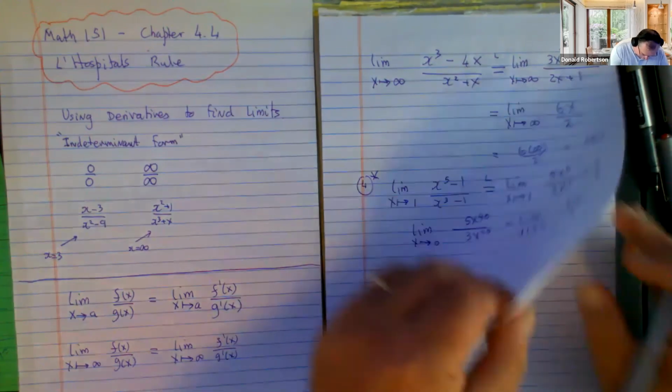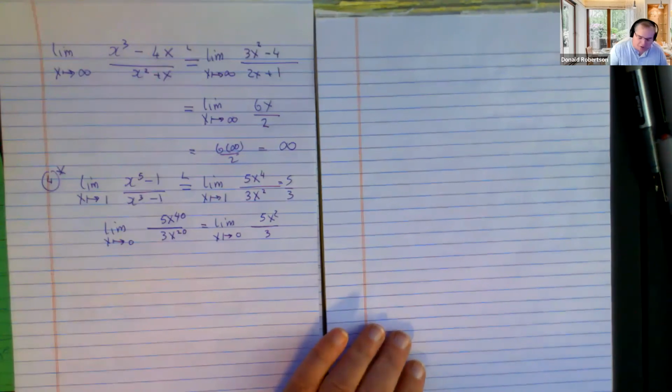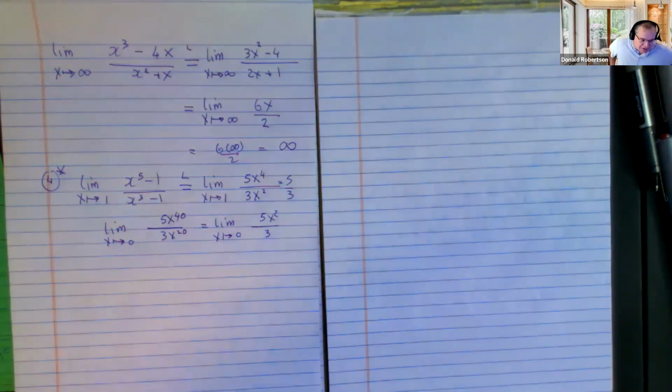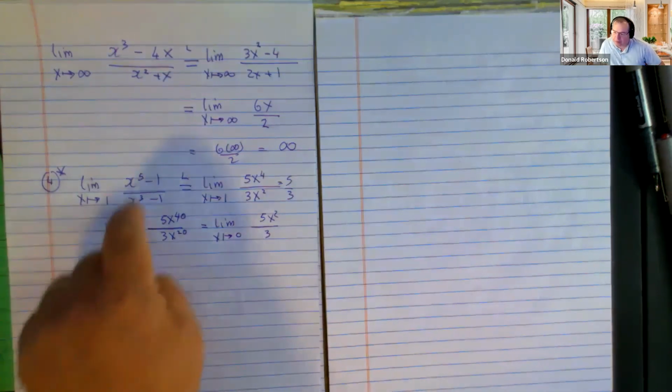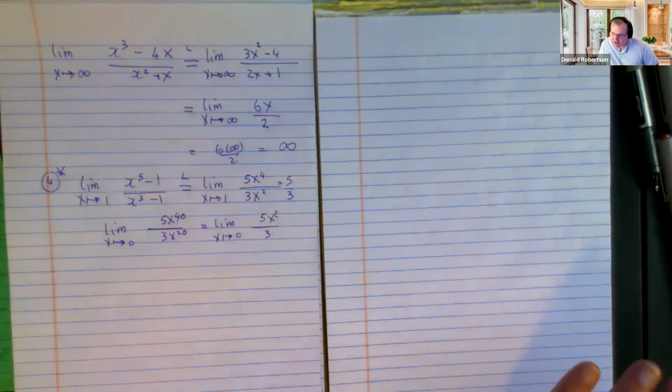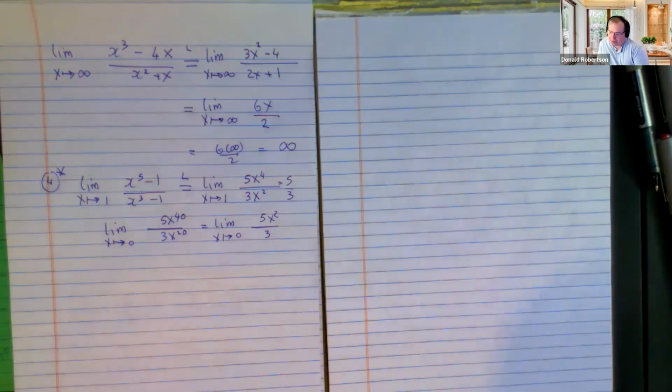Now I'm going to show you a strange, annoying idiosyncrasy of L'Hospital. If you shouldn't have been using L'Hospital, so it isn't indeterminate form, but you go ahead and do it anyway, it will work in the sense that you'll get an answer. It'll just be wrong.